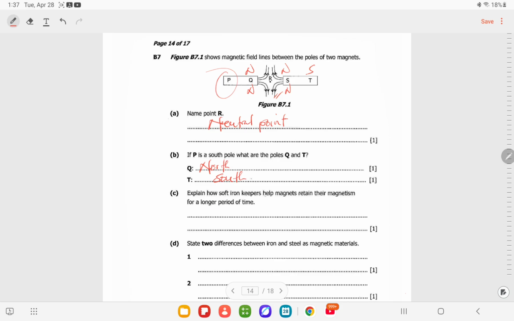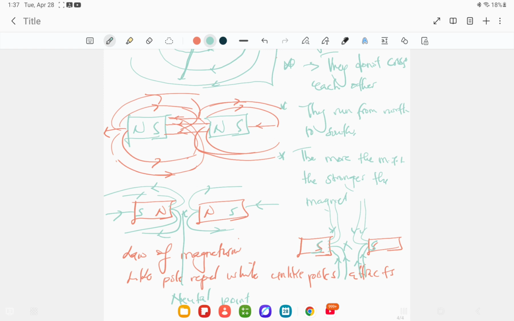Explain how soft iron keepers help magnets retain their magnetism for a longer period of time. Okay, so let's look at this. If you talk about magnetic keepers, we're looking at how we can retain the strength of a magnet for some time after leaving it without using the same magnet.